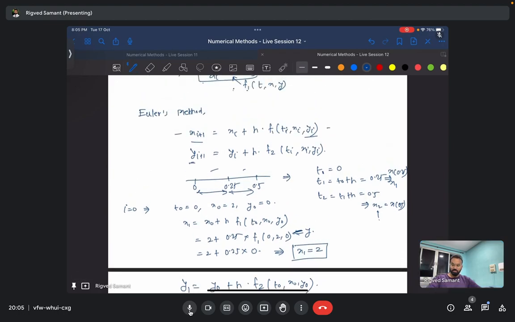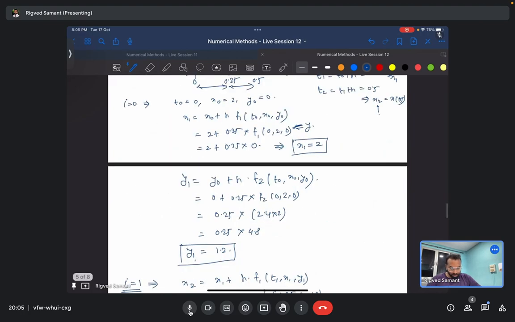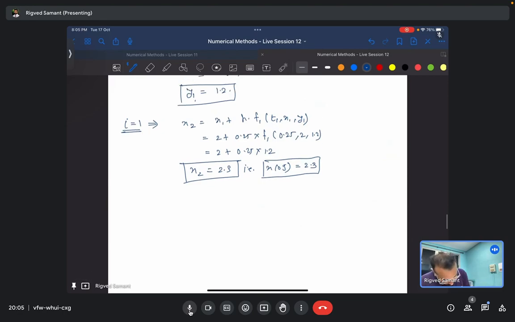So you have not calculated y2? You can calculate y2, but the question asks us to solve for x equal to 0.5, right? If you want to calculate it, you can easily calculate. What would be the y2 equation? y2 would be y1 plus h into f1 of t1, x1, y1.